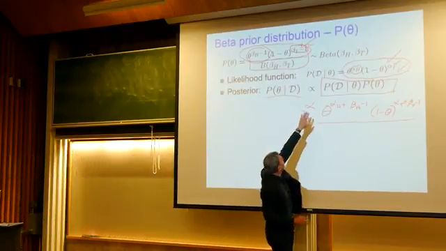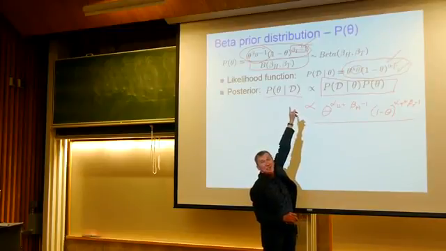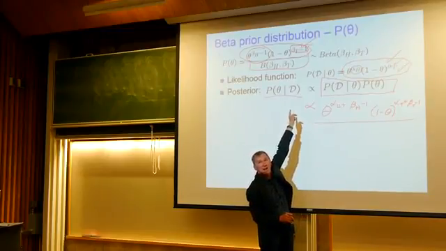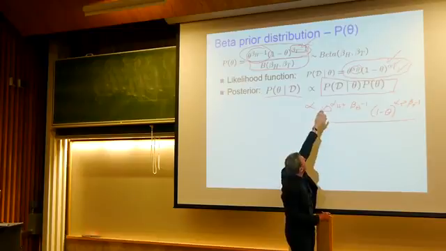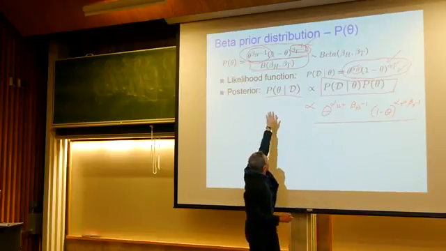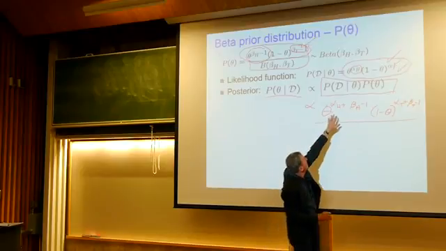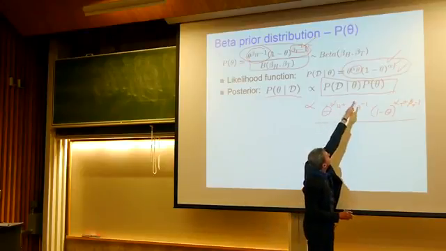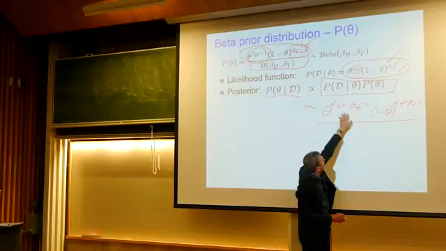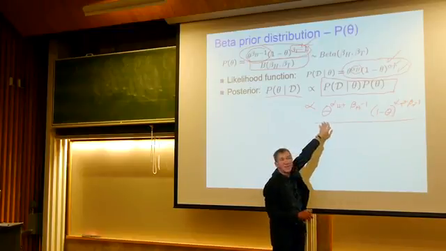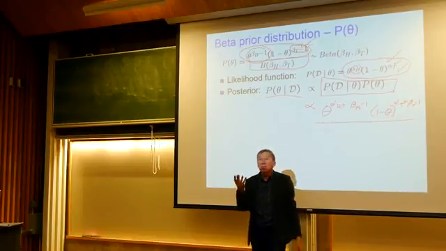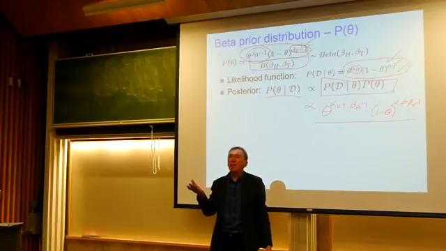But you see what happens, the reason that I chose that form of prior is that when I get the posterior probability, the probability of theta given the data, it ends up multiplying that expression with that one, which gives me something of this form. And guess what? You already know how to maximize this with respect to theta, that's what we just did.